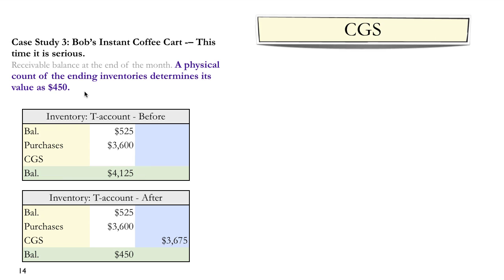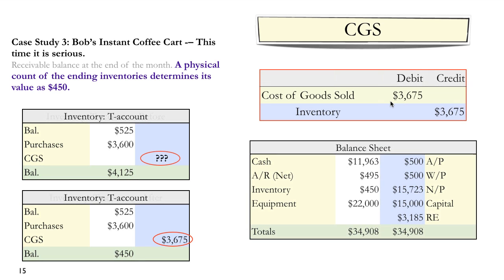A count of the inventory at the end of the period indicates a balance of $450, so to go from the T account before to the T account after requires a credit of $3,675. This is accomplished by a debit to cost of goods sold for $3,675 and a credit to the inventory account for $3,675.